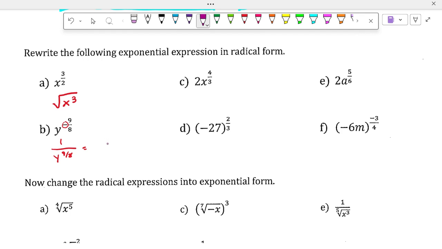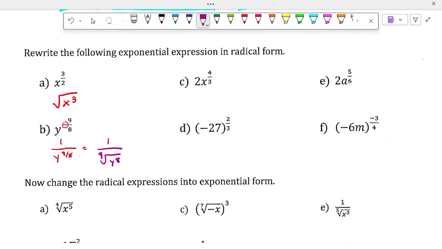So this would be 1 over the 9th root of y to the 8th. And we're just going to leave it like that. We don't really need to rationalize that denominator. I know we said we don't like roots in the denominator, but for simplifying's sake, we're just going to leave it like that.